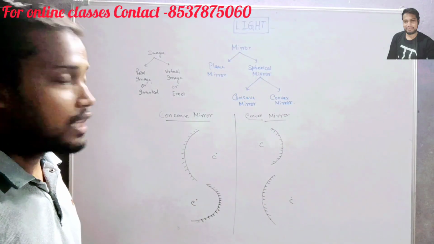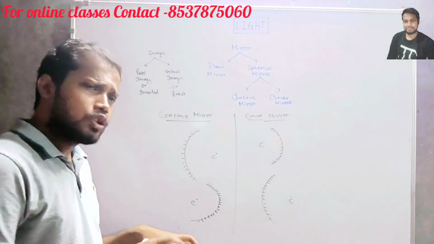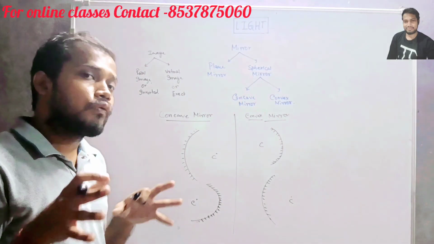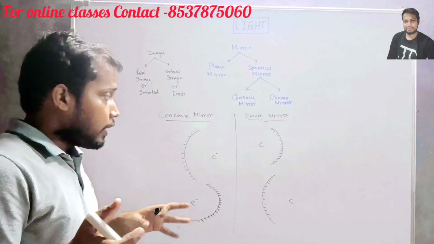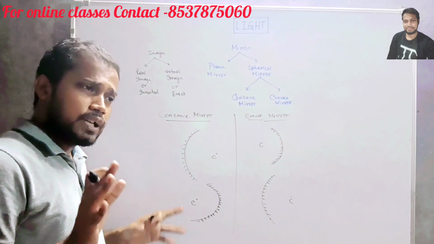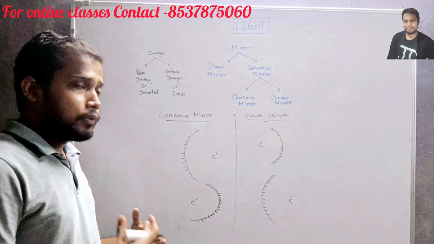It will come parallel to the principal axis. It will move through the focus, and there are lots of rules. When it moves through the focus, it will go parallel to the principal axis. So these are the rules, and there are lots more. We have to know those rules.